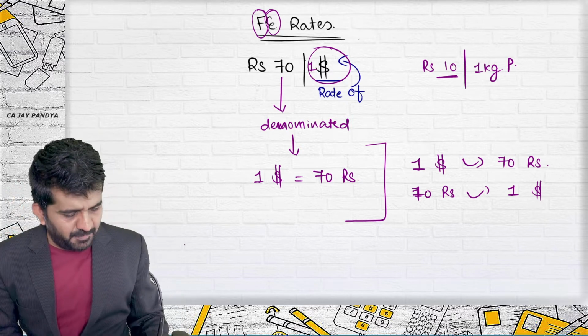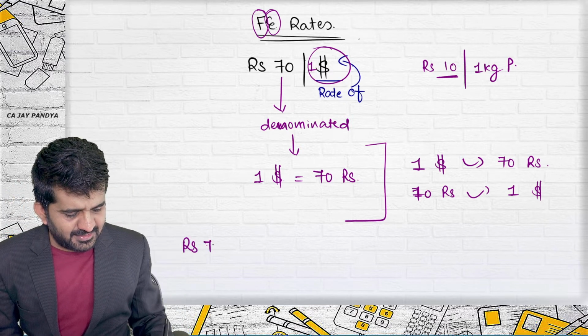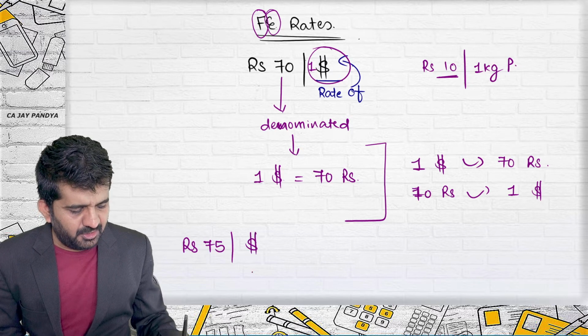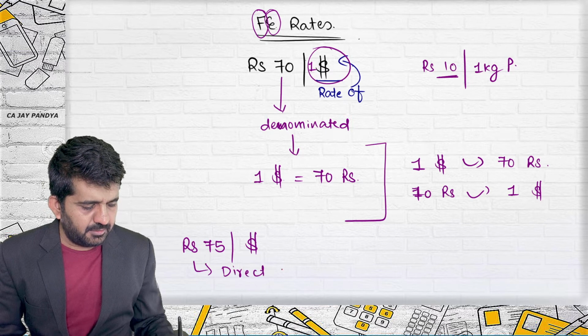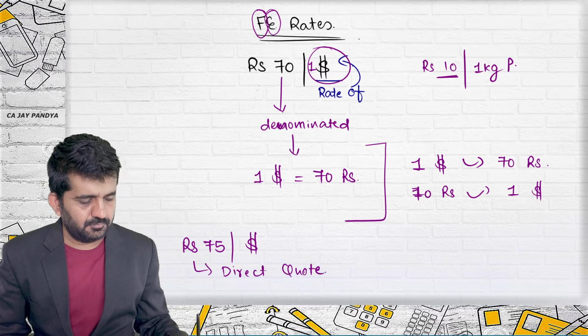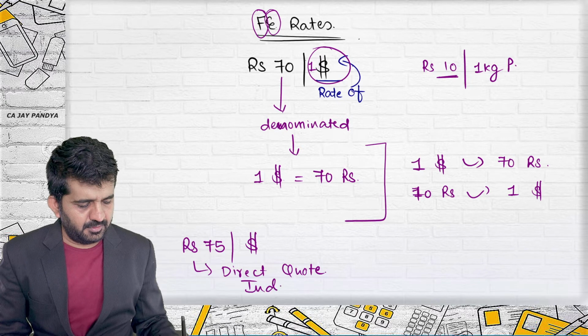Let me give you a simple idea. Rupees, say 75 per dollar, is a direct quote in India, because we are in India.